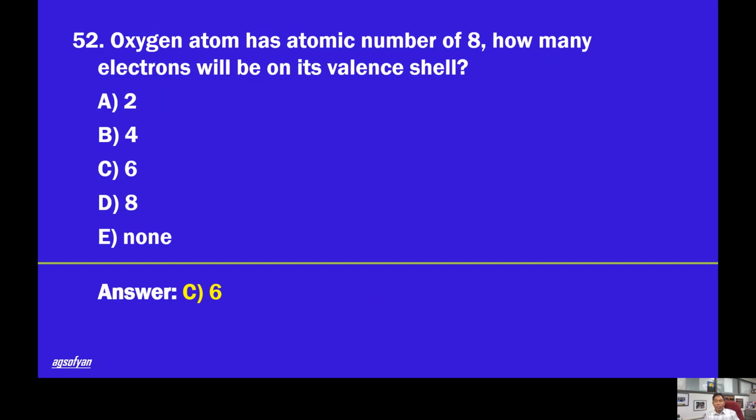Remember, when it has 8 electrons, then the first shell will only take a maximum of 2 electrons, and the rest will be on the second shell, which consists of 6. So this is the outermost or the valence shell, which will have 6 electrons for oxygen.